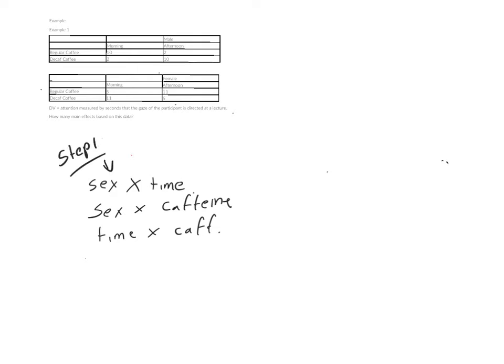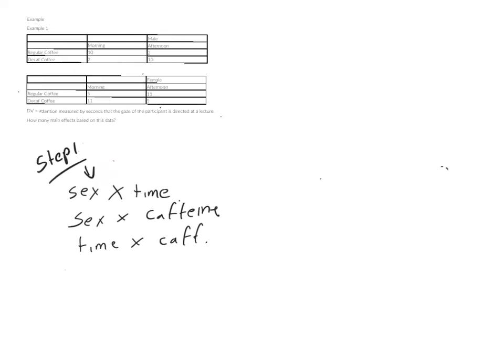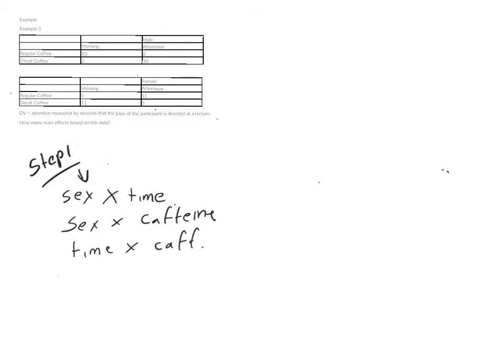You don't do this when you're doing the main effects. Remember that. You do this when you're looking for the two-way interactions based on the data I give you. So you figure out what are the possible combinations. Then you have to create new tables for each one.